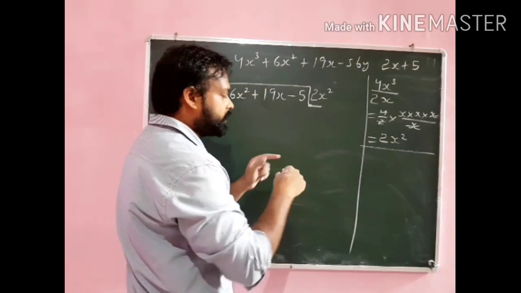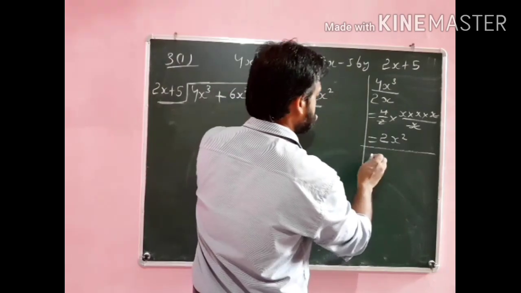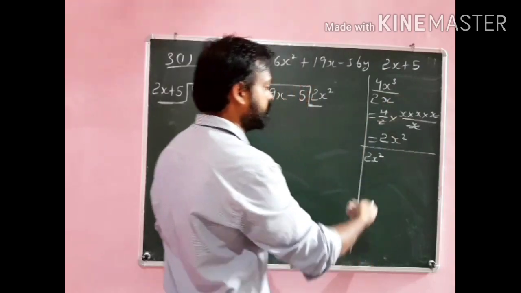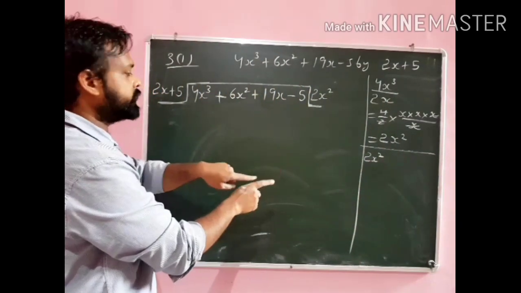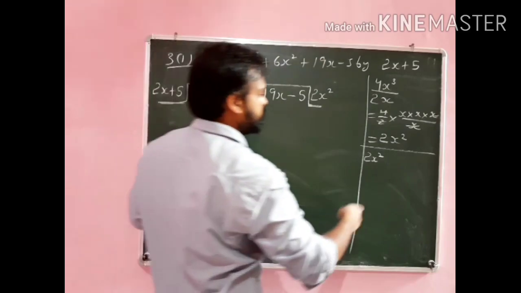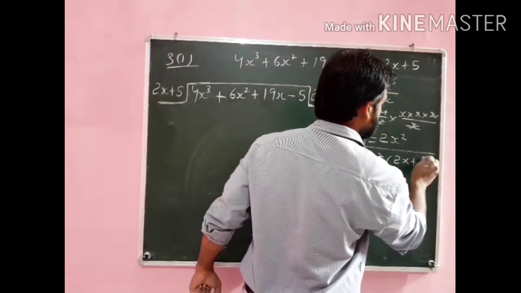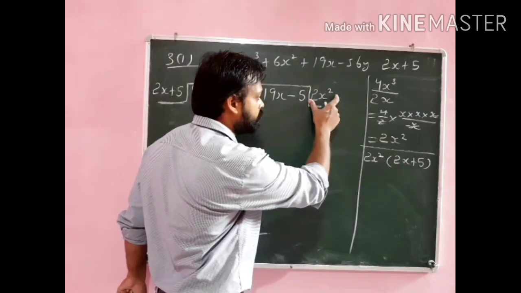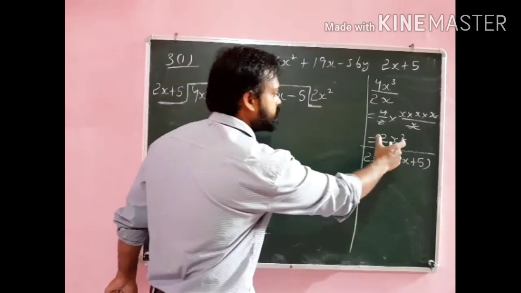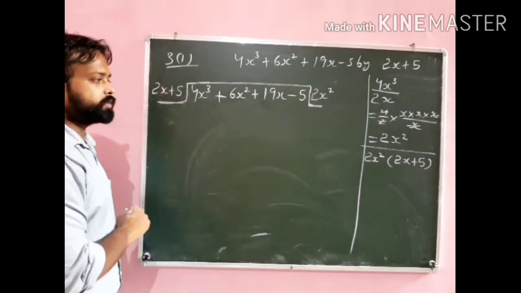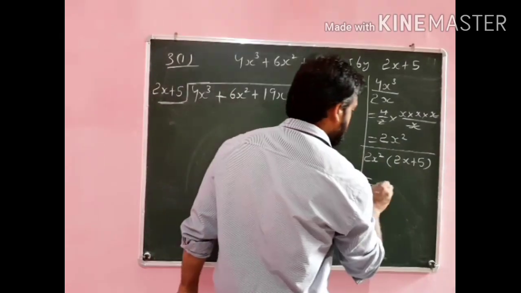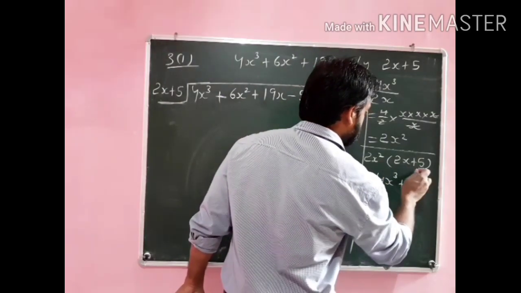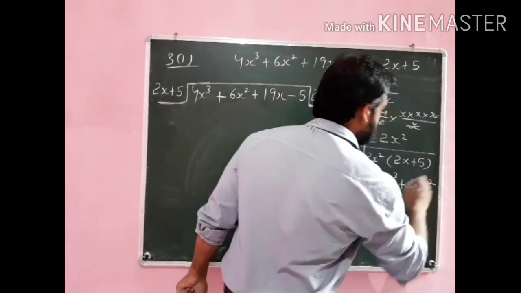Now what is the second step? In the rough work, write down this 2x square that we just got, and multiply this 2x square with the divisor, that is 2x plus 5. Look at this carefully. Multiply 2 by 2 to get 4, x into x becomes x cube, and 5 times 2 is 10x square.